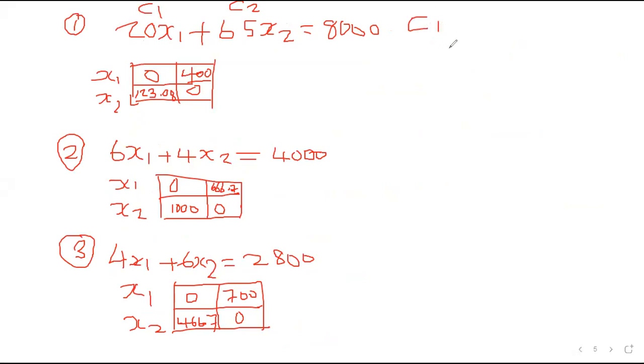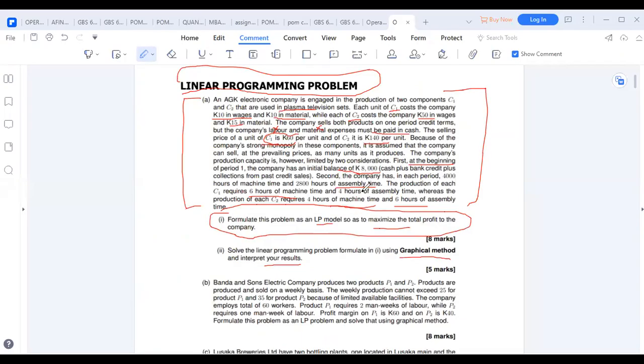All right, and then getting down to constraint 2, on the second way, they are saying, secondly, the company has in each period 4,000 hours of machine time and 2,800 hours of assembly time.